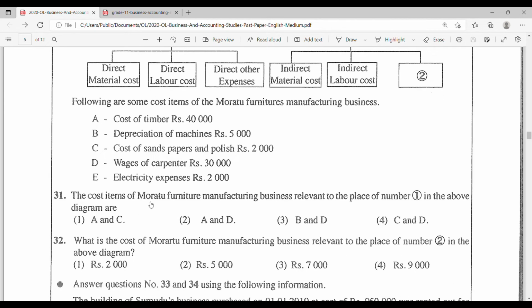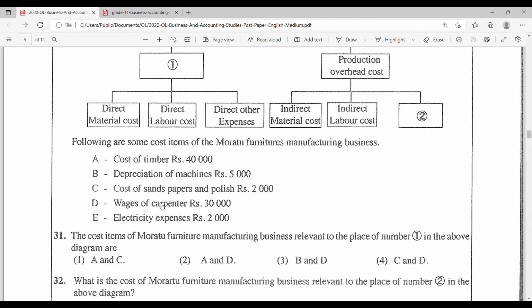The cost items of Moratu Furniture manufacturing business relevant to place number 1 in the above diagram are: so they want you to pick the correct cost item that falls under category 1. The cost items you select should be either direct material cost, direct labor cost or direct other expenses.